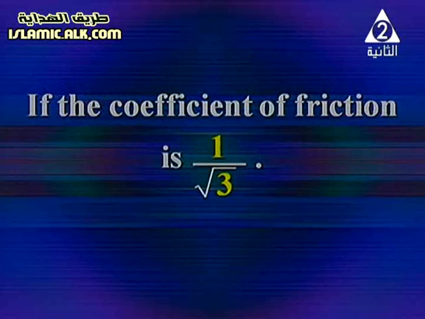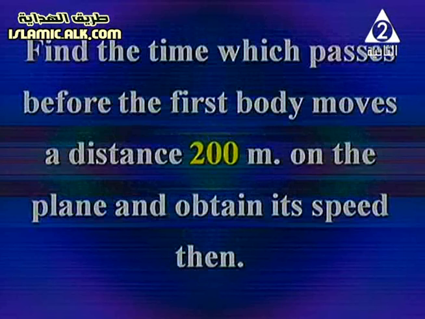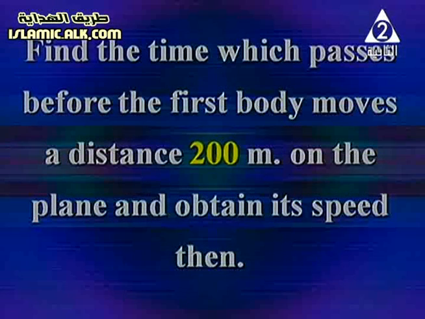If the coefficient of friction force is 1 over root 3, find the time which passes before the first body moves the distance 200 centimeters on the plane and obtain its speed.